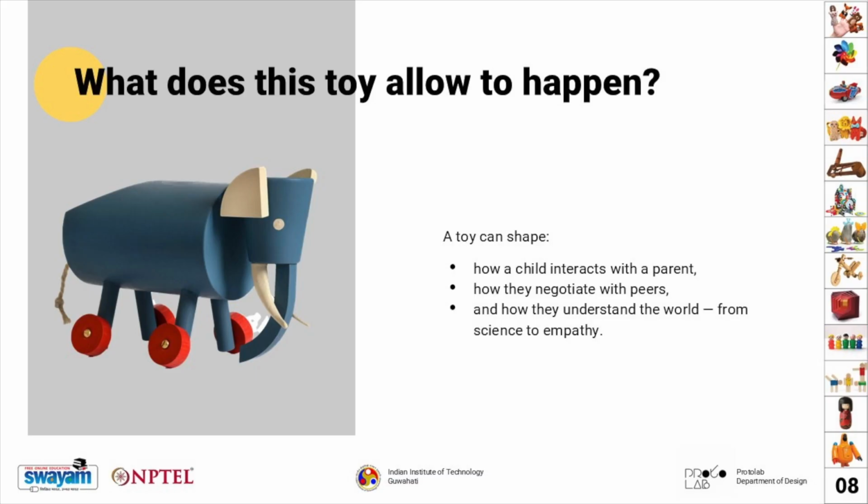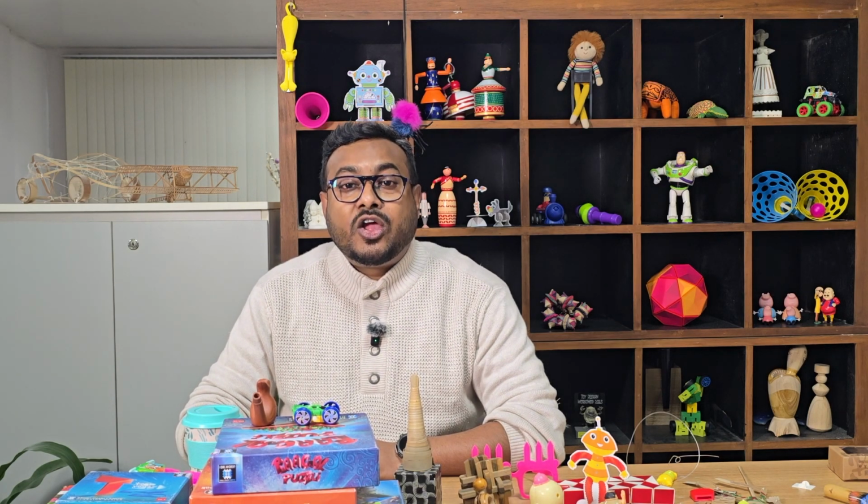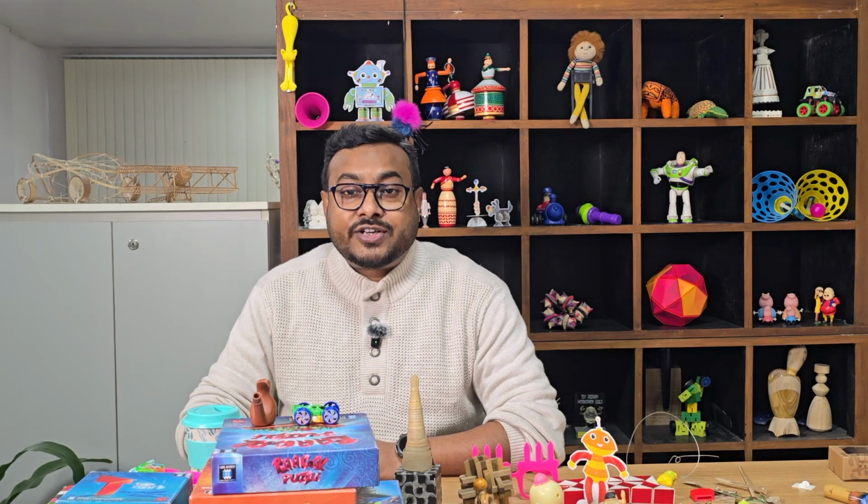Because a toy can shape how a child interacts with a parent, how they negotiate with peers, and how they understand the world, from science to empathy. This section is about shifting our perspective from designing things to designing interactions, possibilities, and experiences.